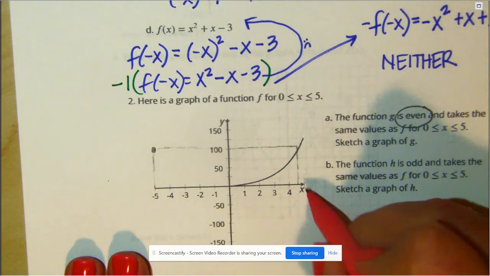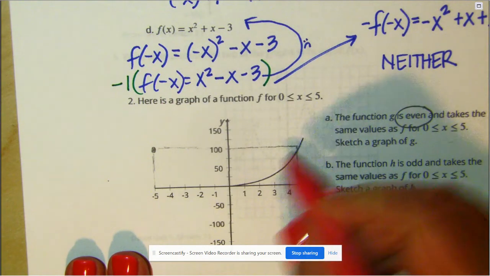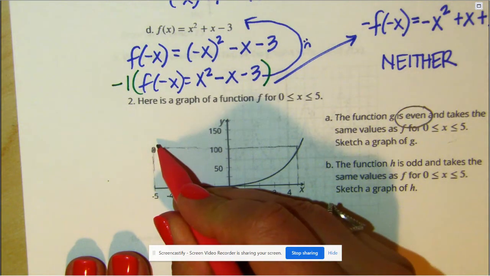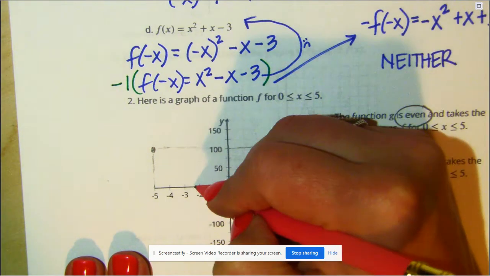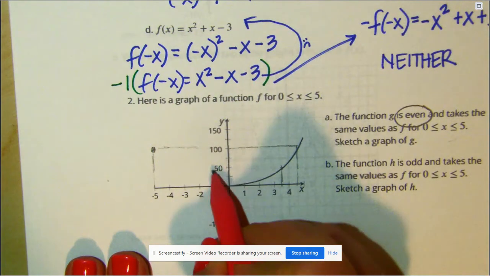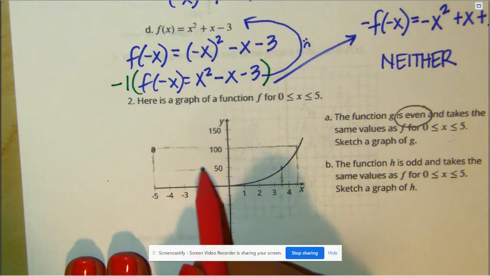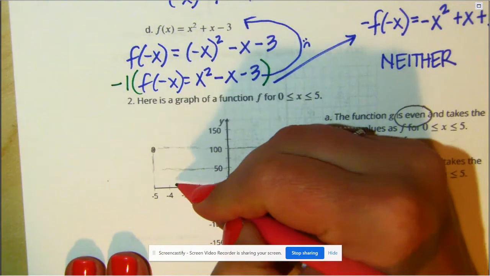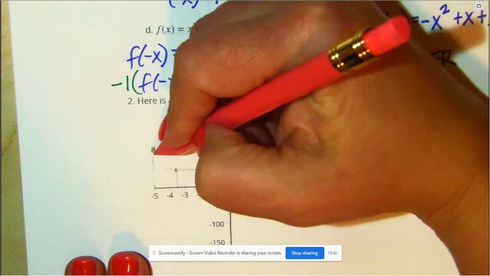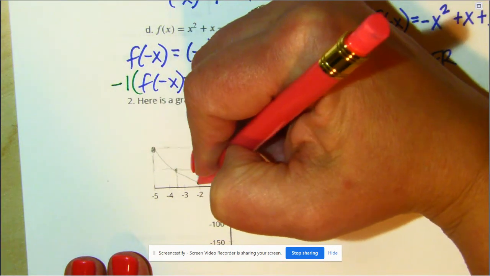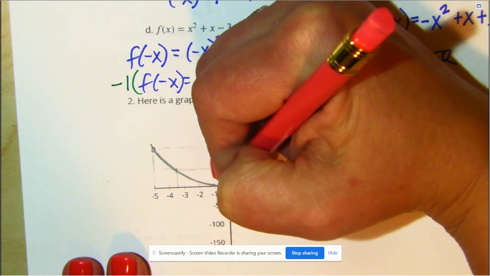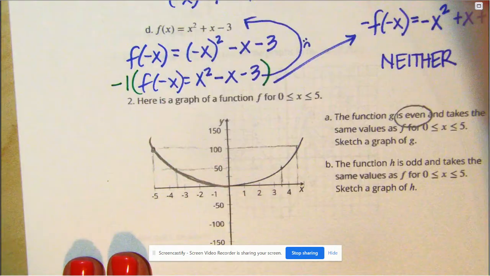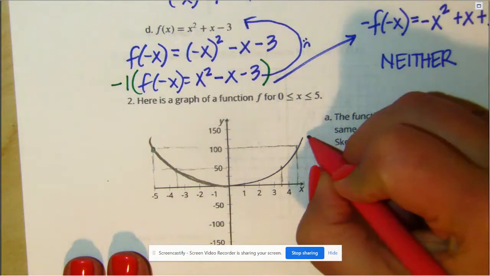Then I found this one, maybe like 3.5, 50. So negative 3.5, 50. That kind of gives me enough to put the curve in here. So this is g.